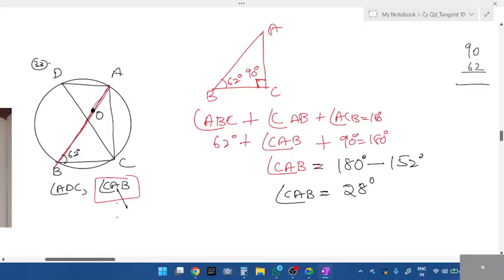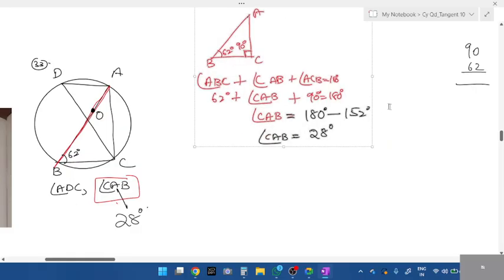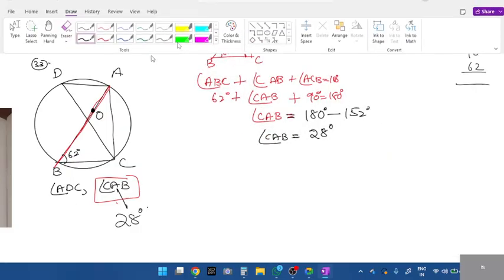Angle BAC, or CAB, is 28 degrees. We found the first angle. Is this clear? All of you have done? CAB is 28 degrees.